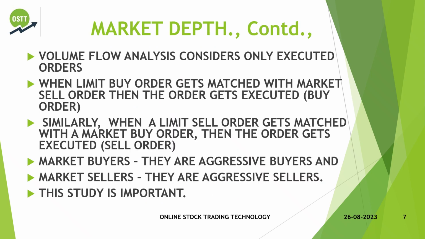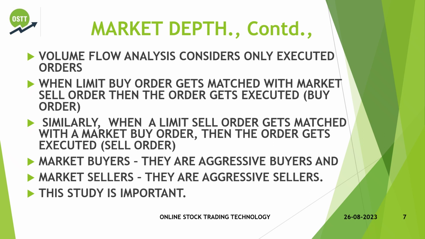For this, we consider VFA. What is VFA? Volume flow analysis considers only executed orders. That is, all the orders which are executed, which are market orders, not limit orders. When a limit buy order gets matched with a market sell order, then the order gets executed.